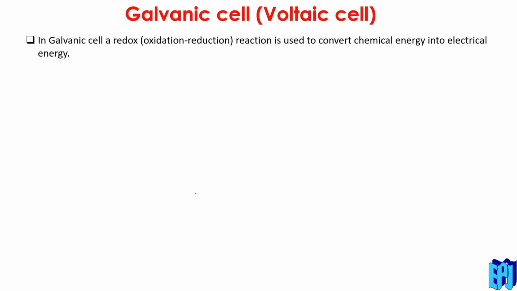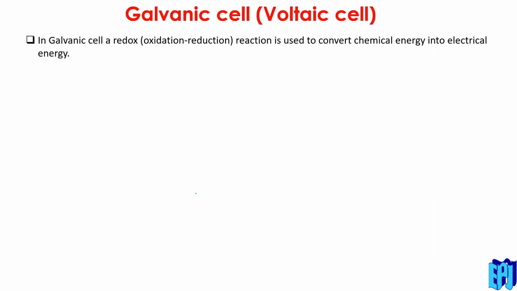In a galvanic cell, a redox reaction is used for what? To convert the chemical energy into electrical energy. That's the main point. The driving force for the production of electrical energy in a galvanic cell is a redox reaction. What do you mean by redox reaction?